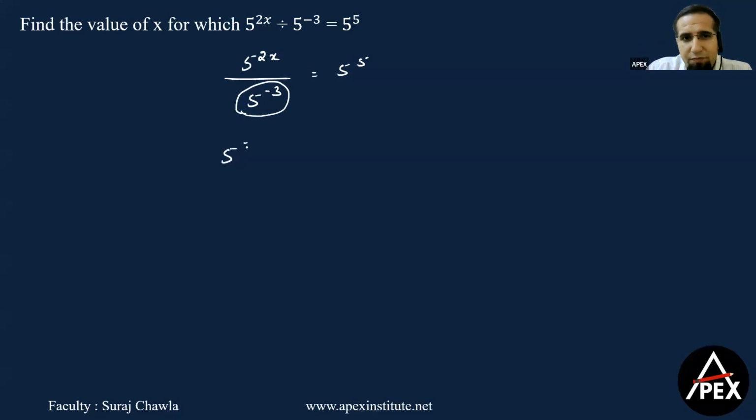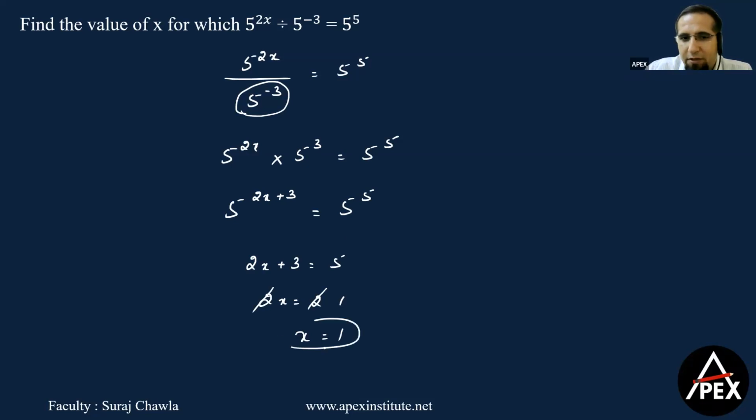So this can be written as 5 to the power 2x into 5 cube is equal to 5 to the power 5. Eventually we have 5 to the power 2x plus 3 is equal to 5 to the power 5. Since the bases are same, we can equate the powers. So we have 2x plus 3 is equal to 5, or 2x is equal to 2, or we get the value of x is equal to 1.